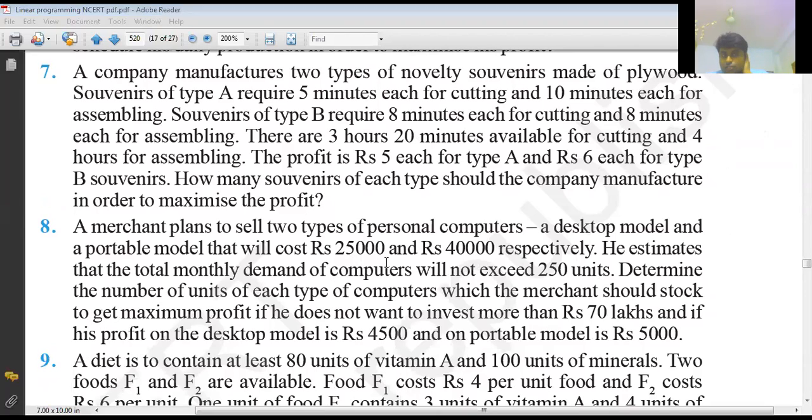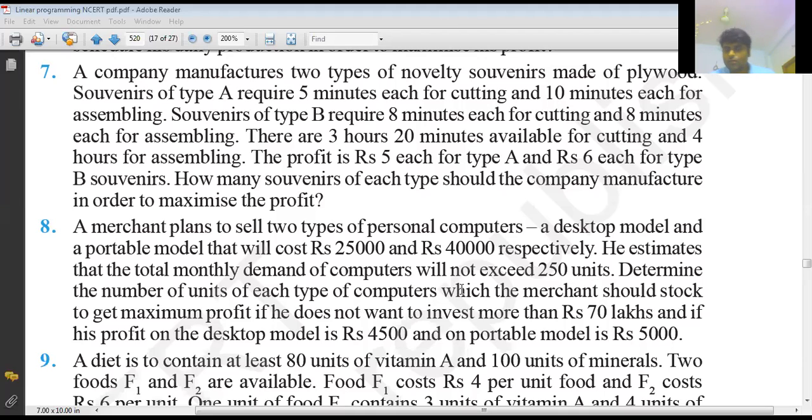He estimates that total monthly demand for computers will not exceed 250. So maximum 250 only. Within 250 only we can order. Okay, right? And determine the number of units of each type of computer which the merchant should stock to get maximum profit.